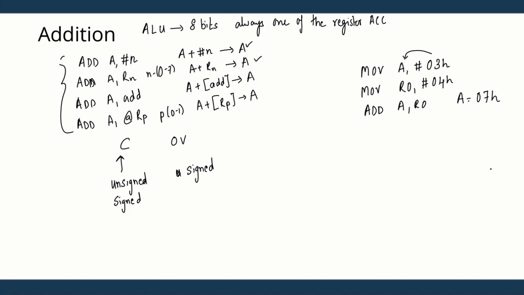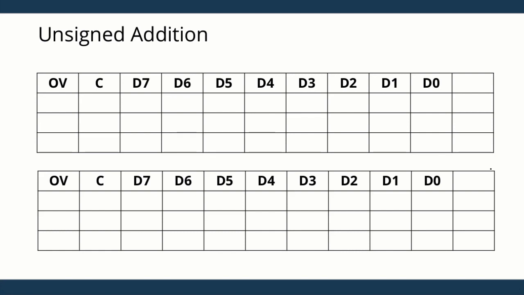Now we'll look at the kinds of addition you can do. The basic addition is unsigned addition. Let us take the previous example, adding 03 and 04. So you are adding 0 0 0 0 0 0 1 1 and 0 0 0 0 0 1 0 0.